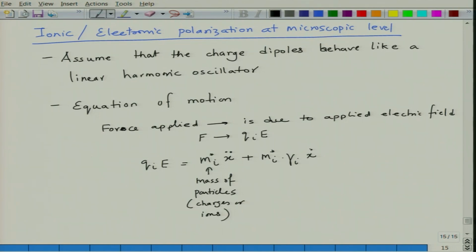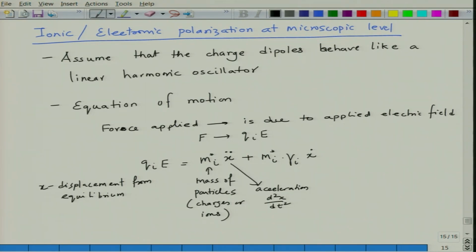And what is this x? Here we write x as the displacement from equilibrium. So x double dot will mean basically acceleration, or you can say this is d2x by dt square.